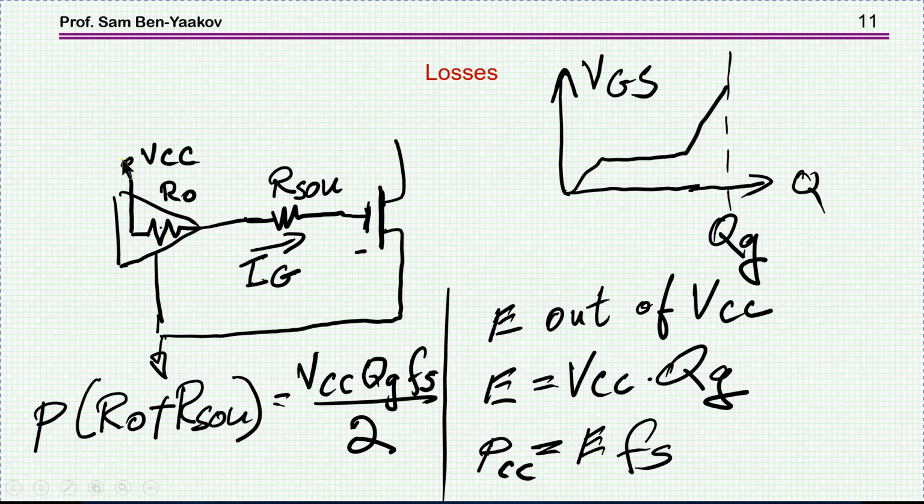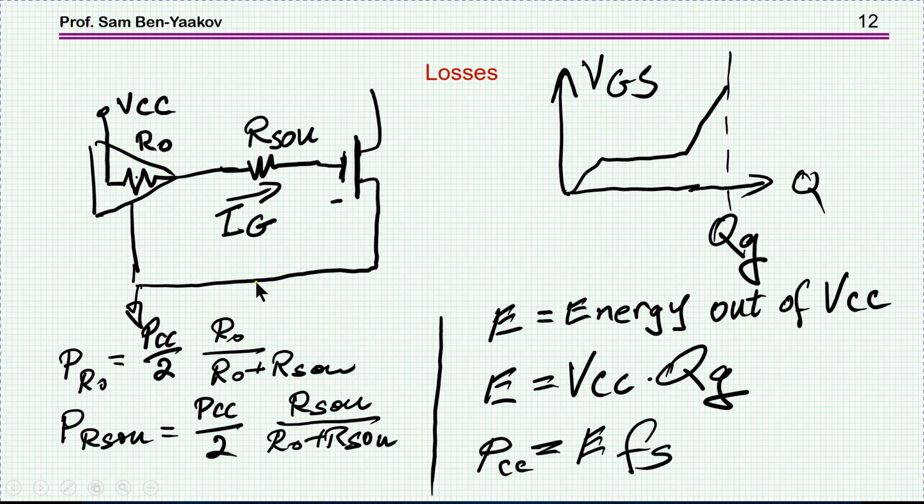Now the total energy that is consumed from the power supply will be the voltage here times the total gate charge, and therefore the power dissipation of the system will be the energy times the frequency. This is the total resistors plus capacitances. Half of it is going to be dissipated by the resistors.